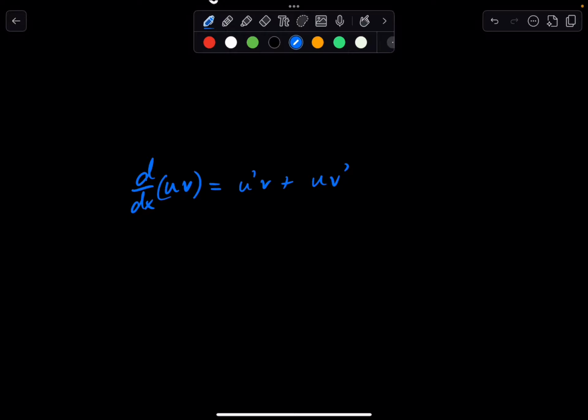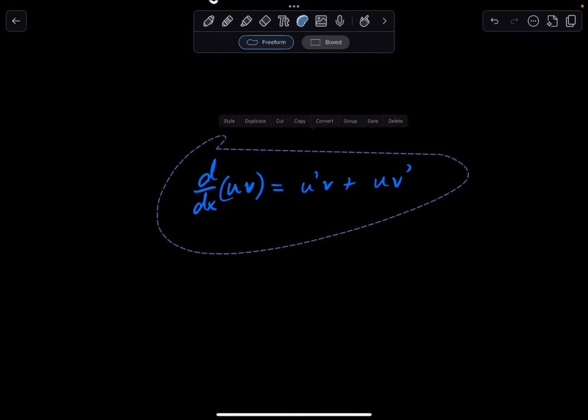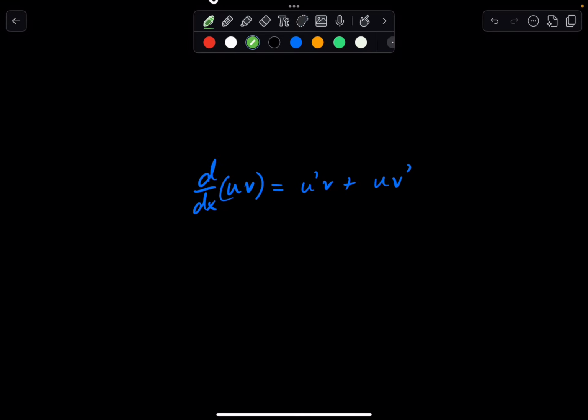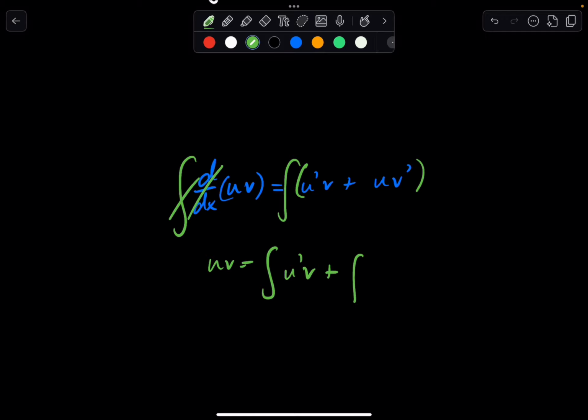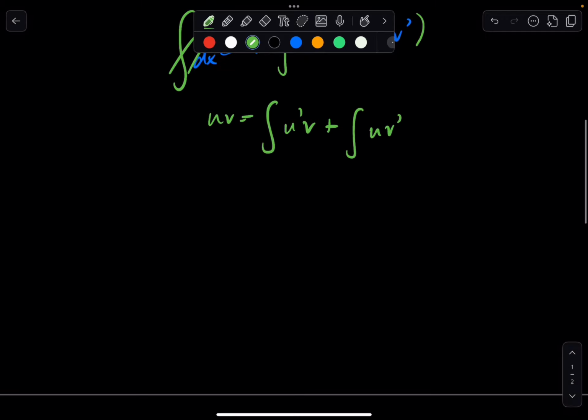So all product rule says is, okay, we have this equality right here. Just integrate both sides. What happens? The integral and the d/dx cancel. So we have uv is equal to the integral of u prime v plus the integral of u v prime.